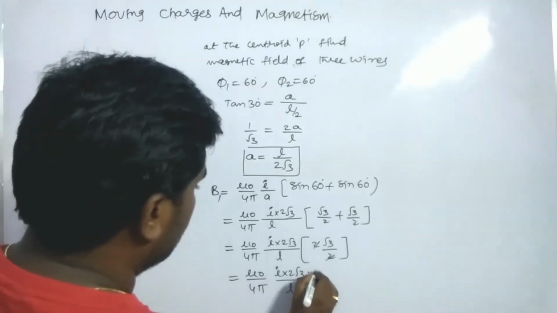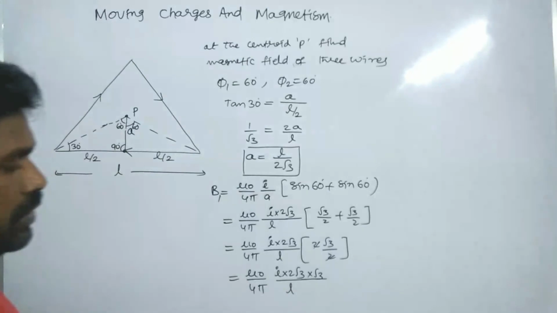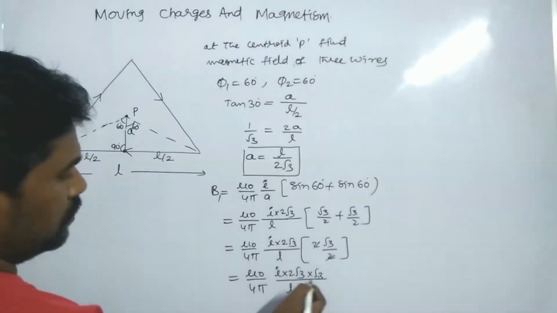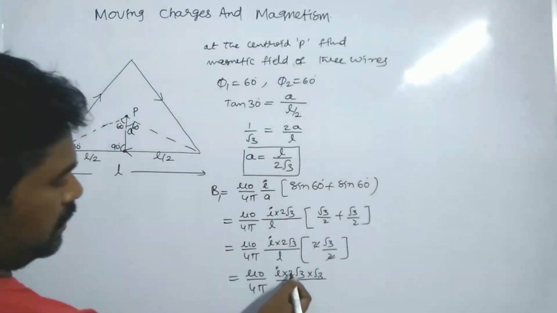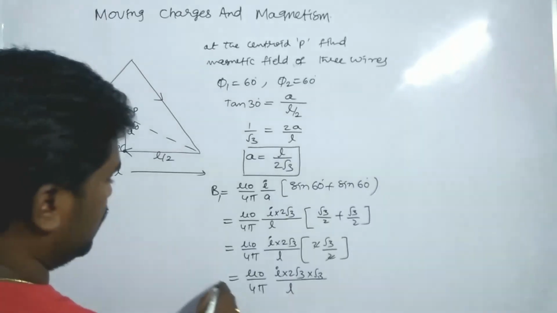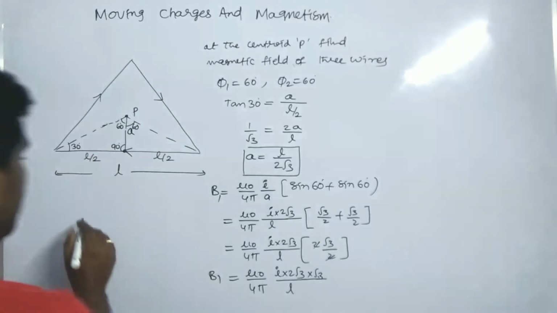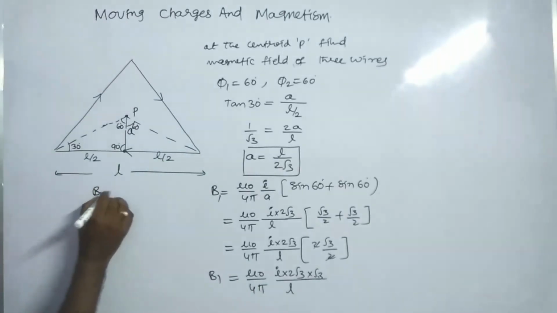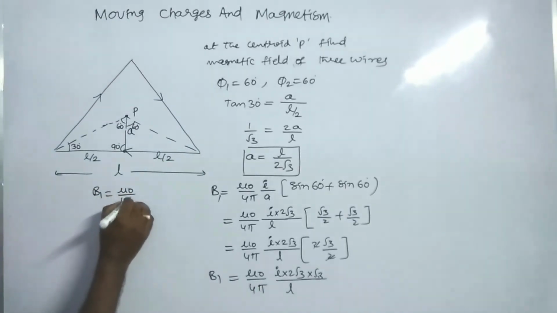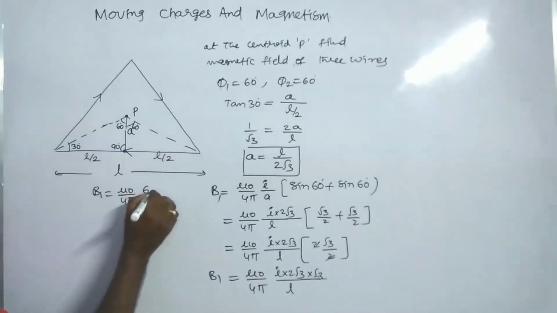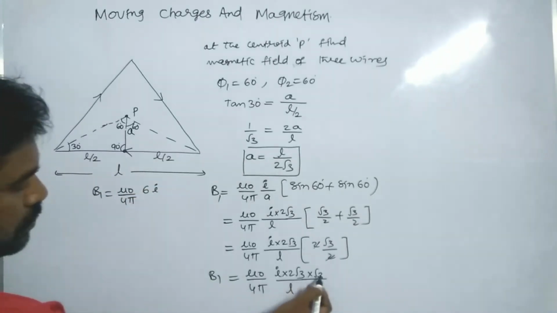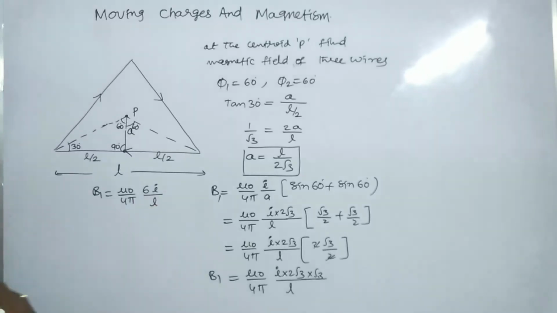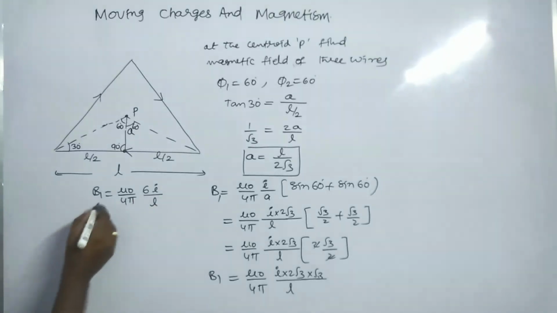Root 3 into root 3 is 3, 2 into 3 is 6, so B1 is equal to mu naught by 4 pi, 6I by L. Okay, so this is B1.